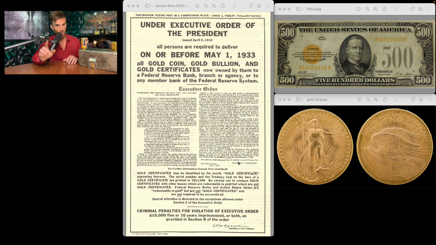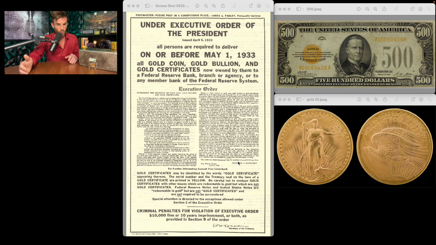So stage one was to make it illegal so that everybody would go drop off their gold to the federal banks. Then stage two, in 1934, was to make all the federal banks give the gold to the U.S. Treasury and then fix the price at $35 an ounce. So they took the gold at $20 an ounce, then changed the price to $35 an ounce a year later.